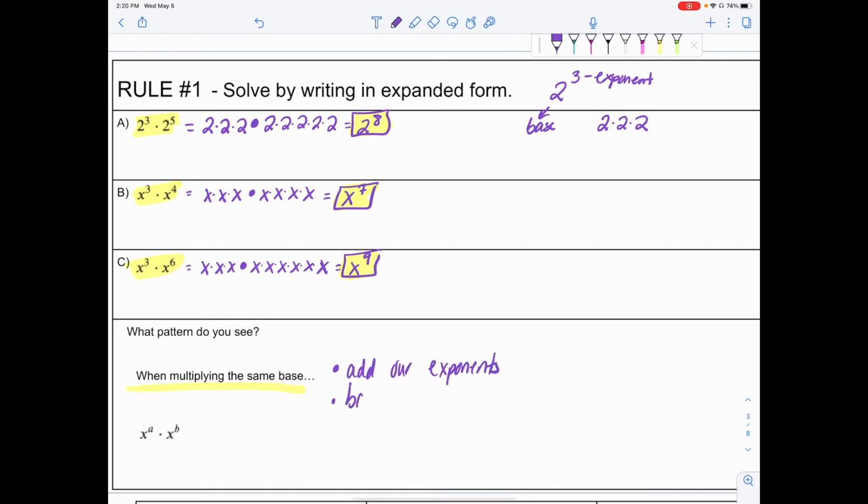And then remember, the base stays the same. It makes sense to add them because we're really just creating a long string of those bases. So for A, we had 3 2's, and then we tacked on 5 more, so we had a total of 8. So if I were going to write the rule algebraically, x to the power of a times x to the power of b, that would be x to the power of a plus b. We would add those exponents.